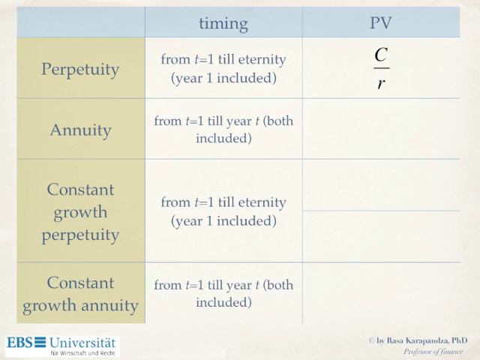But pay attention. The timing is important here. The first payment takes place in a period from now. This can be a month, but if it's a month, then this R is a monthly rate. If it's a year from now and it pays every year, then R is an annual rate.